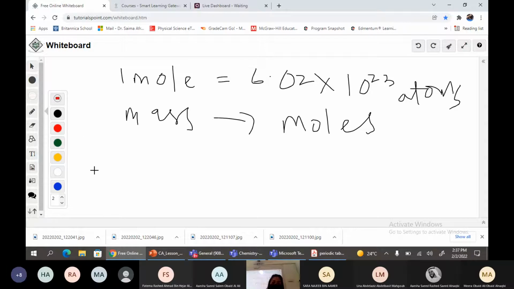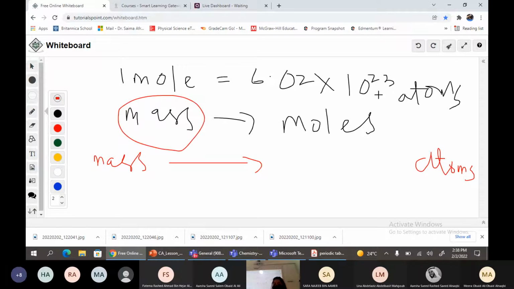Today we are saying, what if you have mass and you need to convert mass into atoms? Means you have this and you want this. Do you think there is any direct way possible? Because we always said atom is equal to mole.